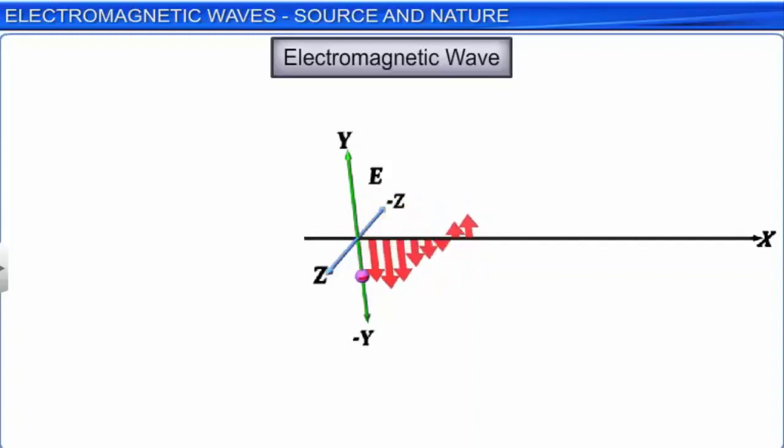We know that an electric field changing with respect to time produces a magnetic field. The oscillating electric field produces a magnetic field which oscillates perpendicular to the direction of the oscillations of the electric field, that is, along the z-axis, and propagates along the direction of the x-axis.